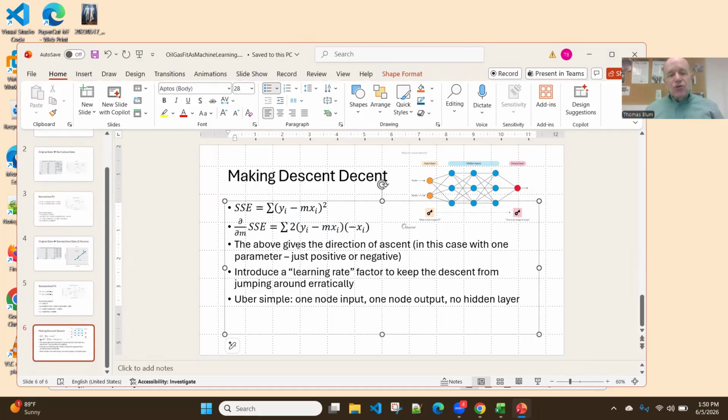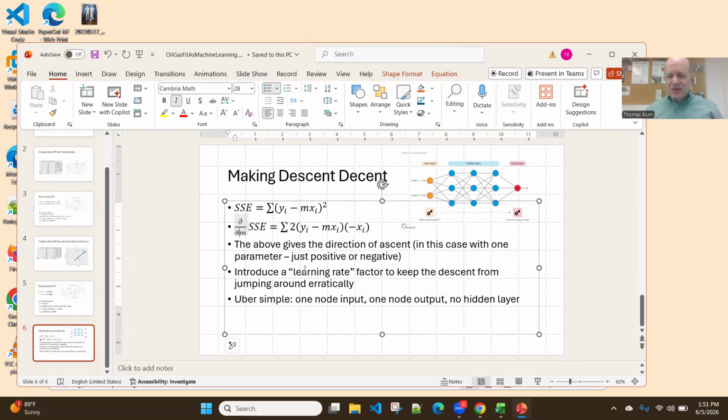Okay, so we take the derivative with respect to the slope parameter. We had a sum that's still there. We have the power law, so the 2 comes out, and then we have that y minus mxi. And then by the chain rule, we have to take the derivative of the inside with respect to the slope, and so that's this minus xi.